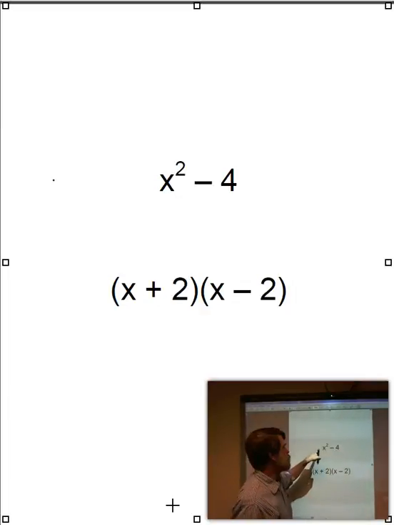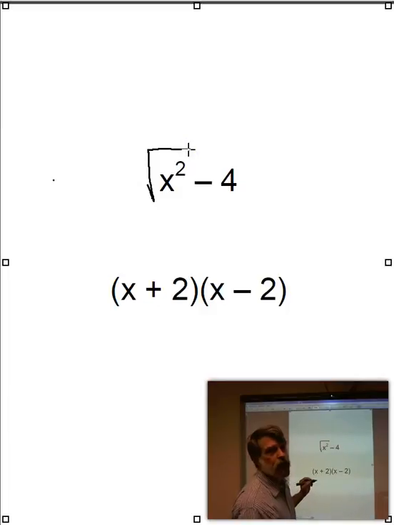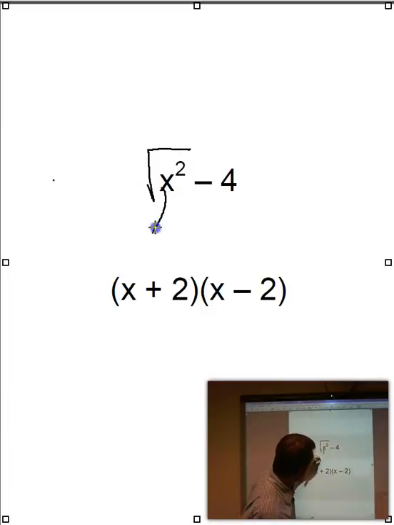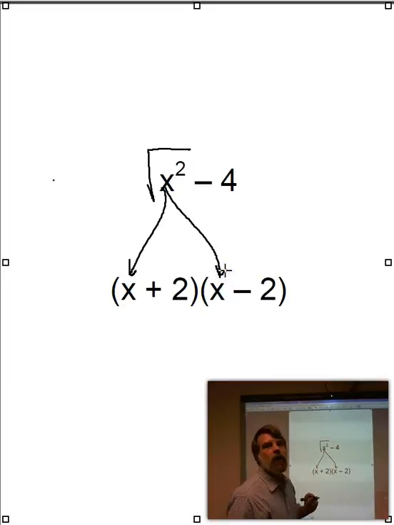Look at the expression. If each of the terms in the expression is a perfect square, we proceed to factor it by looking at the first term, taking the square root of the first term and making it the first term in each of the factors.